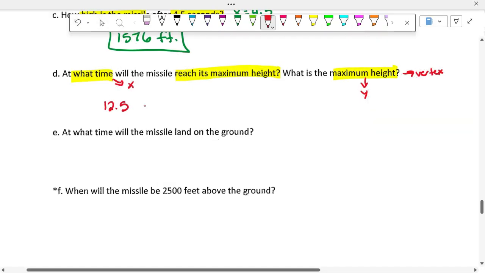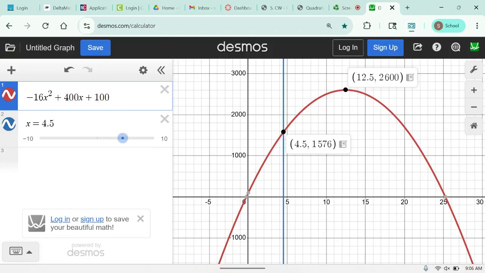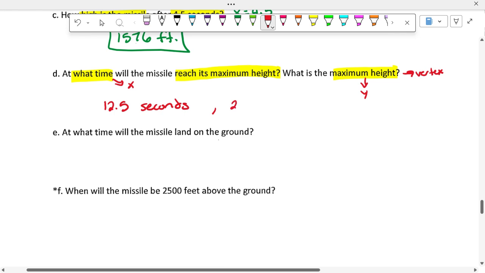So 12.5 seconds. And what is the max height? 2,600. What? Feet. So after 12.5 seconds, it reaches its max height of 2,600 feet.